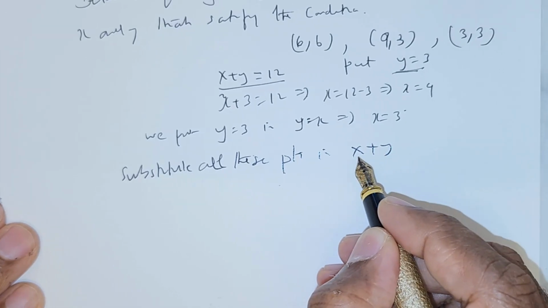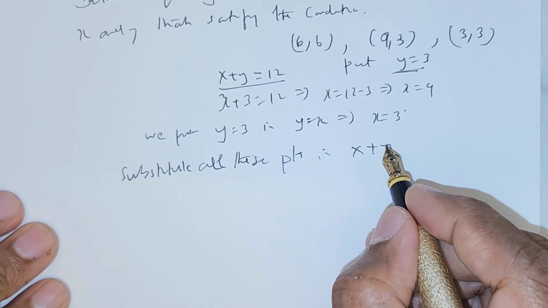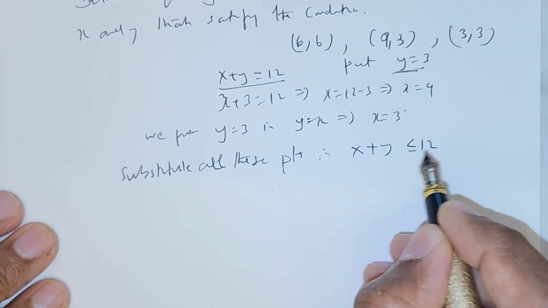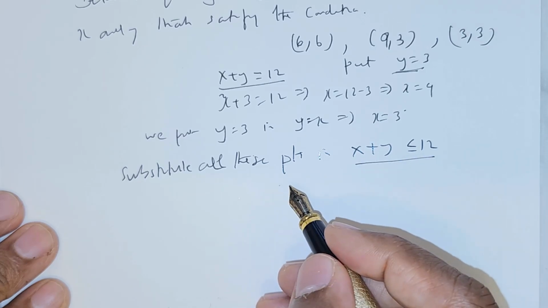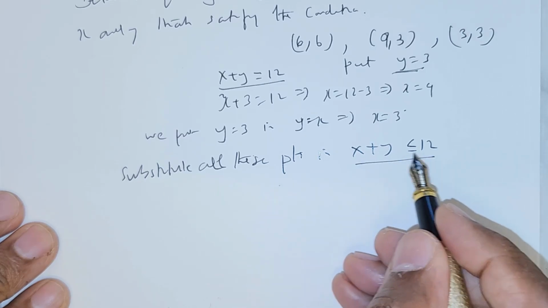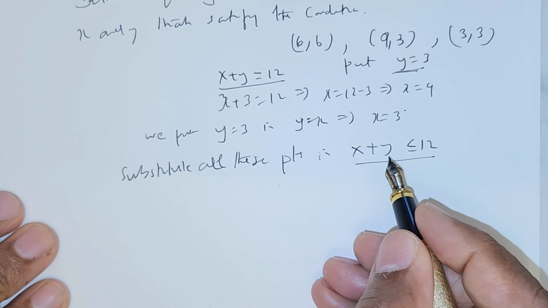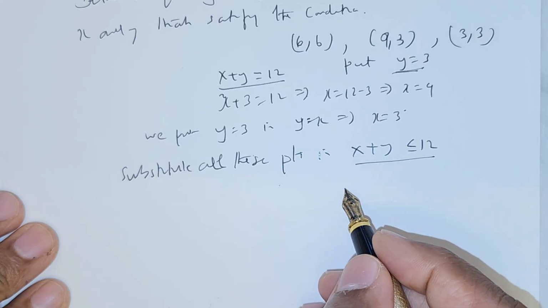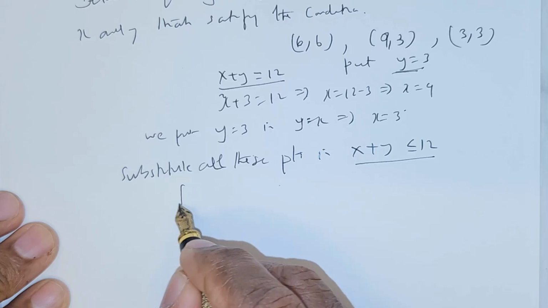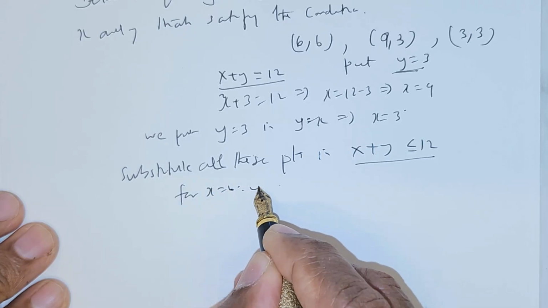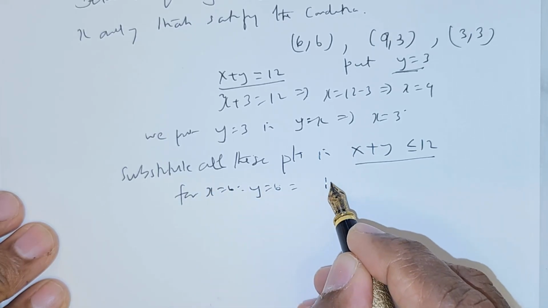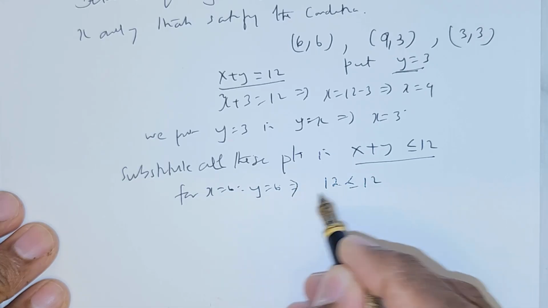because the total number of pumpkins and melons should not exceed 12. So we need to substitute it here. Okay, this is the system that we are looking for. So for x is equal to 6, y is equal to 6, you have 12 less than equal to 12.